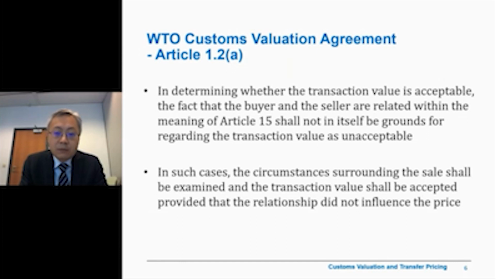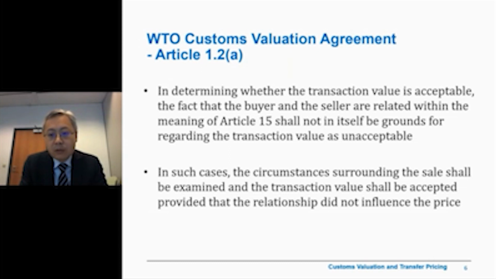Which means even if you find the buyer and the seller are both subsidiaries of the same group, they are related, you cannot just reject the transfer price because they are related. You cannot do that. In such cases, the circumstances surrounding the sale should be examined, and the transaction value should be accepted, provided that the relationship did not influence the price.